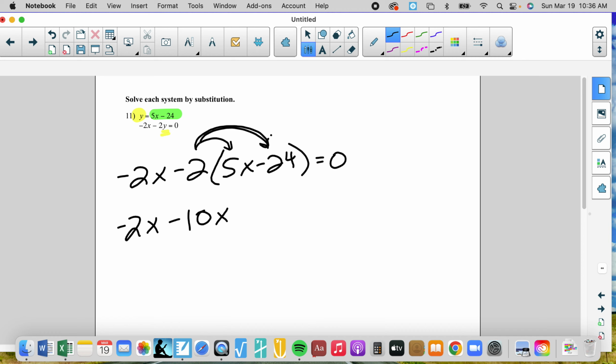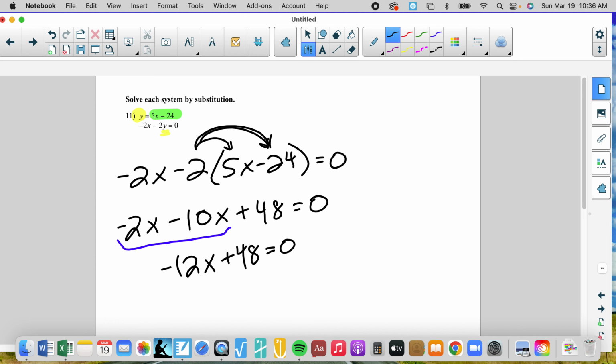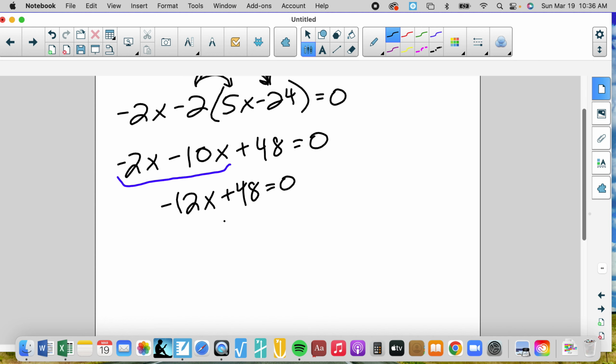And we have -2 times -24, which is +48, equals 0. Let's simplify. We have like terms on the same side of the equal sign. That gives me -12x plus 48 equals 0.